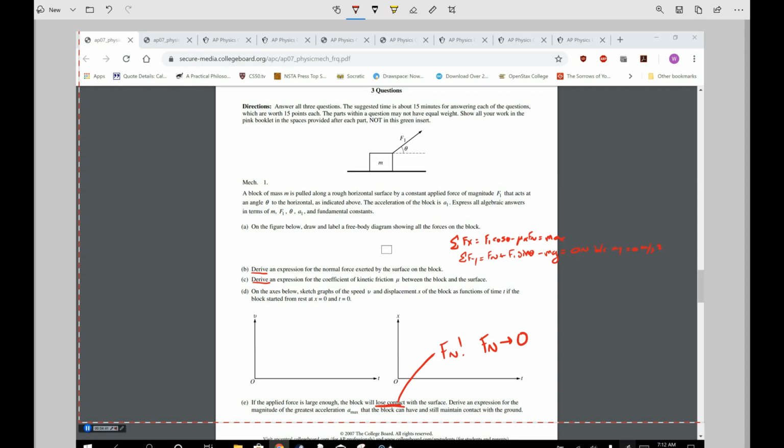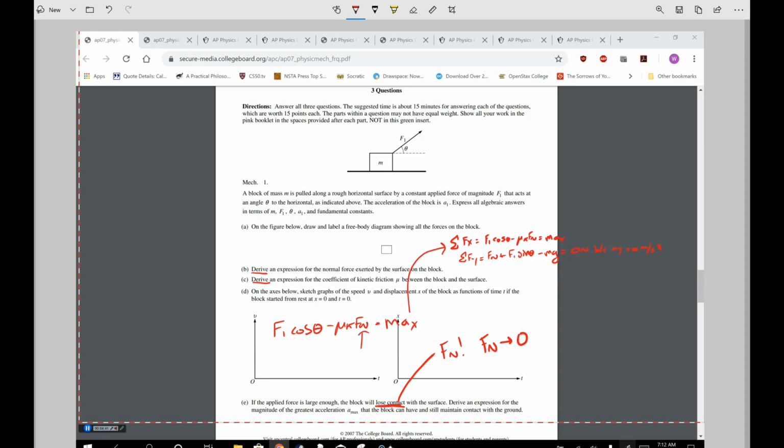Derive an expression for the magnitude of the greatest acceleration, A max, that the block can have and still maintain contact with the ground. So what that is saying here is that in this equation, F1 cosine theta minus mu k Fn equals m a x that we derived up here.